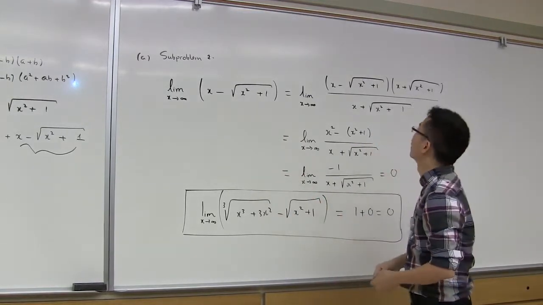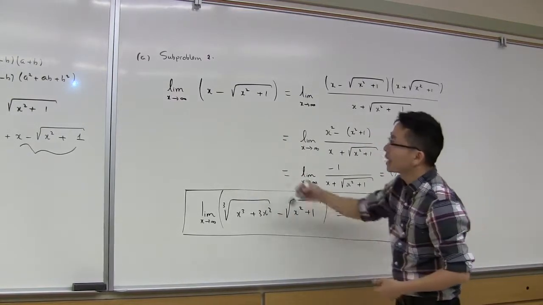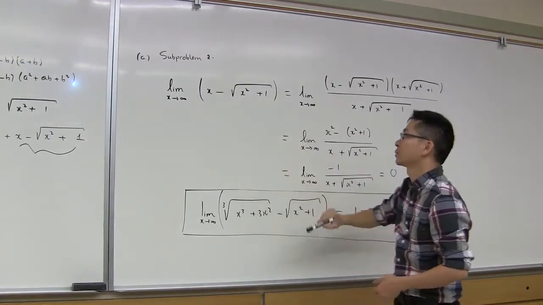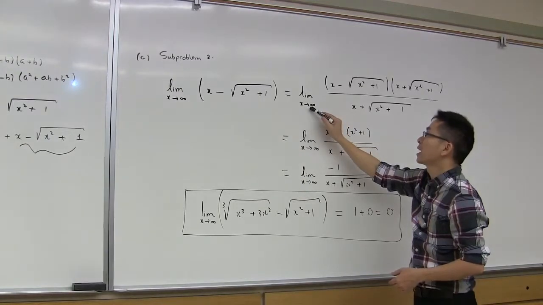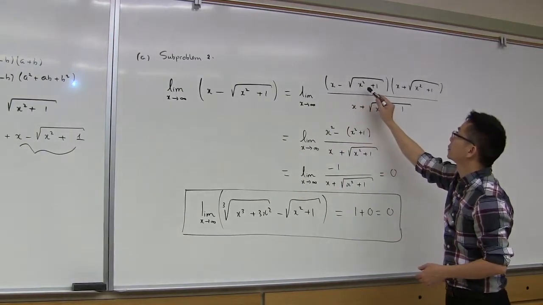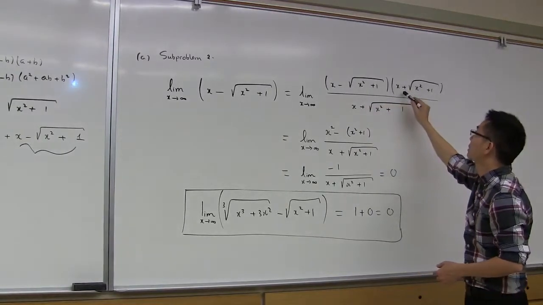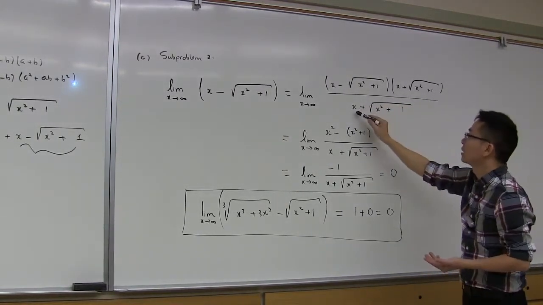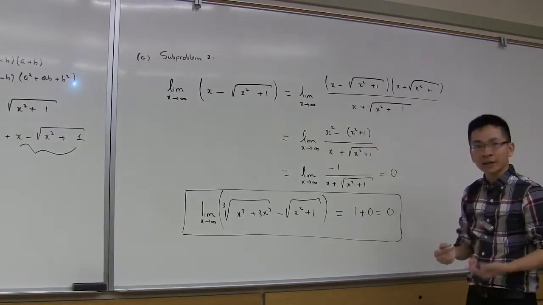Okay, so the limit as x approaches infinity of x minus the square root of x squared plus 1 is equal to the limit as x approaches infinity of x minus the square root of x squared plus 1 times x plus the square root of x squared plus 1 over x plus the square root of x squared plus 1.